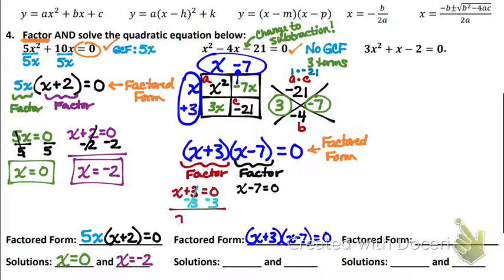So x equals negative 3. One of my solutions. What about here? Add 7 to both sides. So x equals 7.